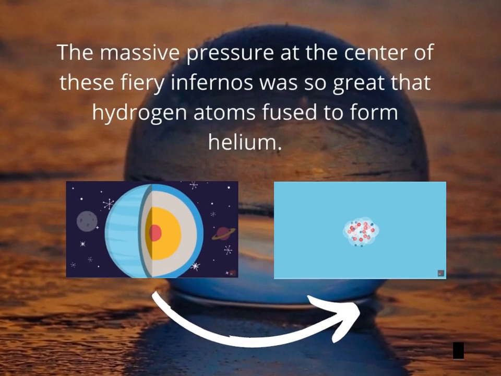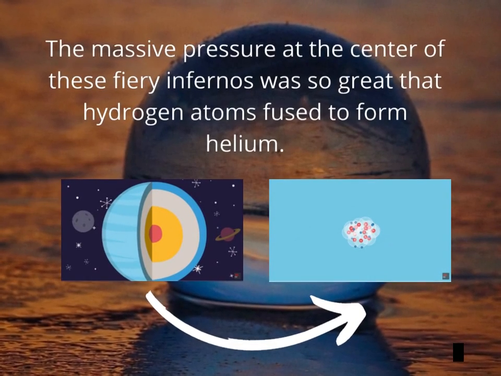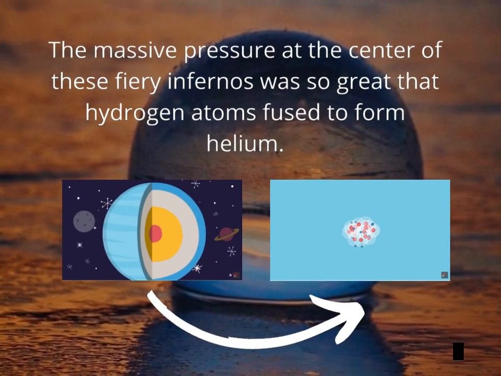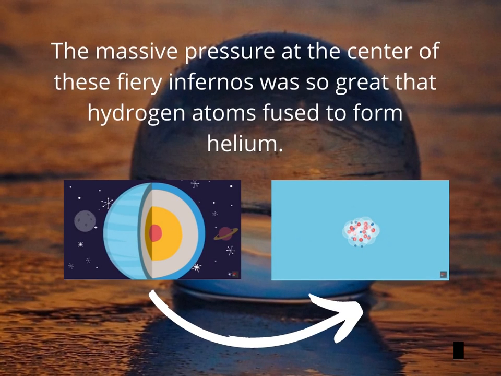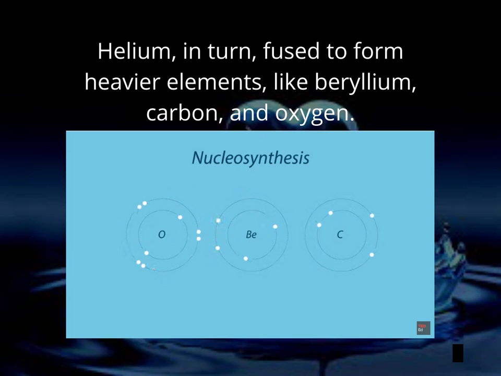The massive pressure at the center of these fiery infernos was so great that hydrogen atoms fused to form helium. In a process known as nucleosynthesis, helium in turn fused to form heavier elements such as beryllium, carbon, and oxygen.